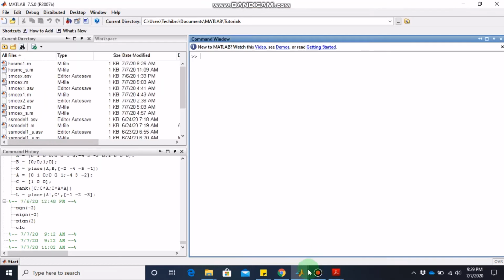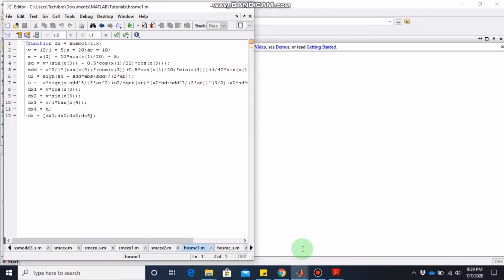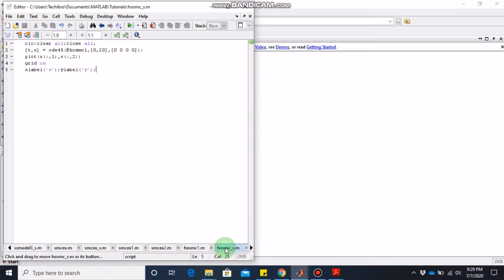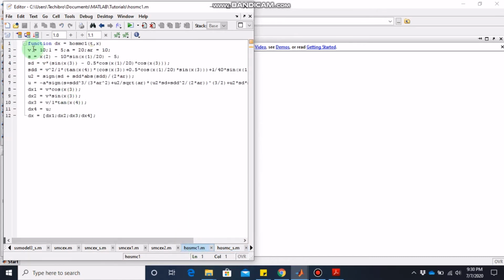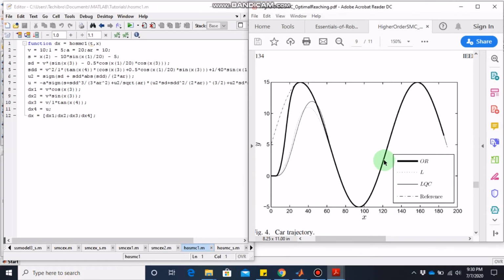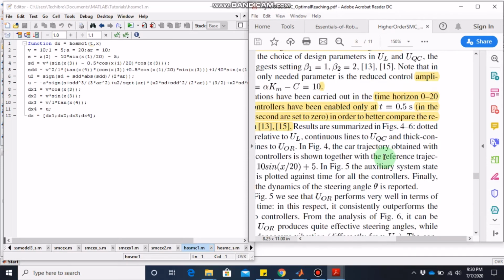So far we have written the function file for our sliding mode controller, the third order sliding mode controller, and we have written a file which calls that function file and generates the results. Now, in order to write the code for the other controller, let me show you the other controller.